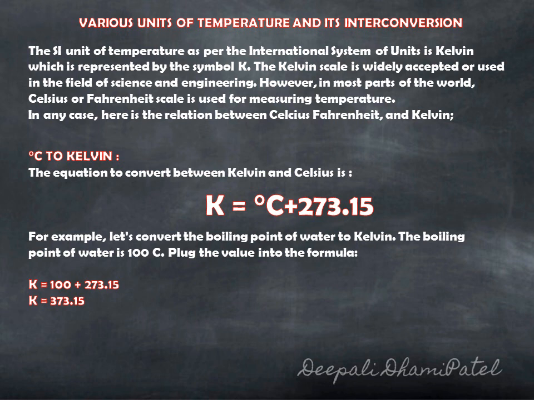Plug the value into the formula. So, Kelvin is equal to 100 plus 273.15, that is Kelvin is equal to 373.15. That is, the boiling point of water in Kelvin scale is 373.15.